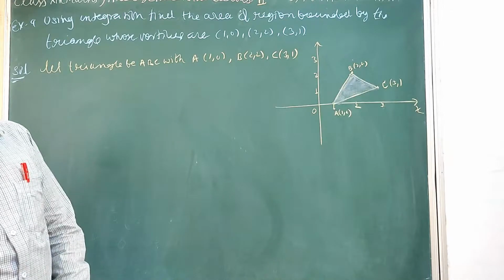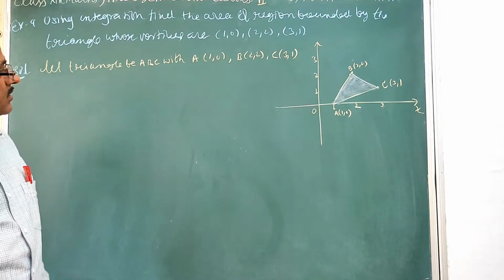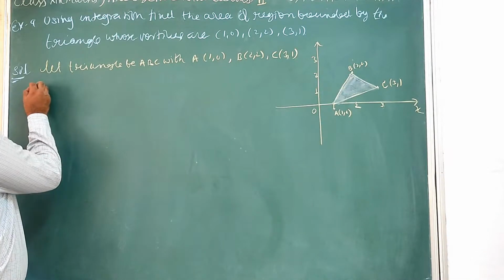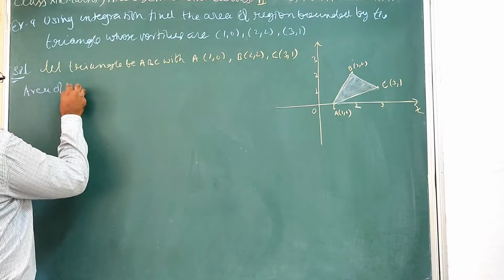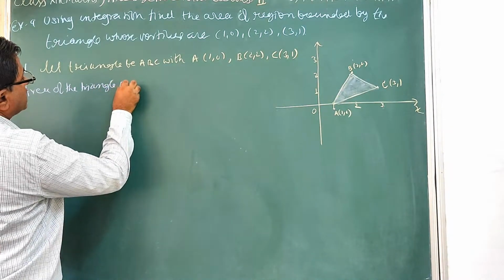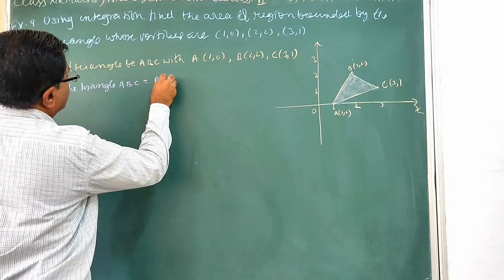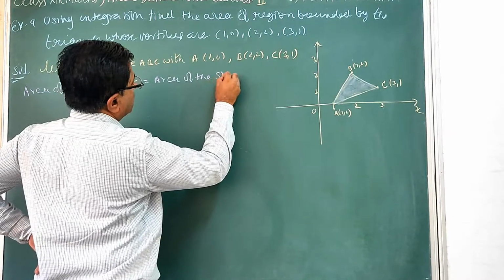Okay? So you can write here the required area of triangle. In solution we write area of the triangle ABC equal to area of the standard region.